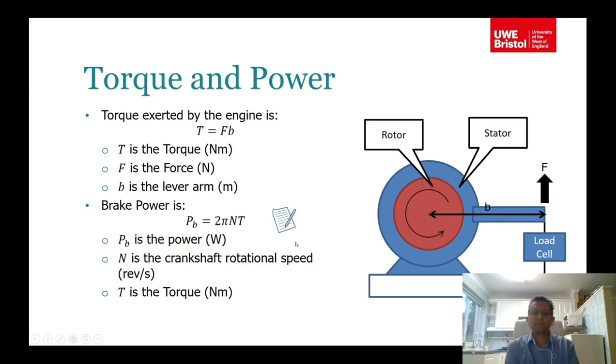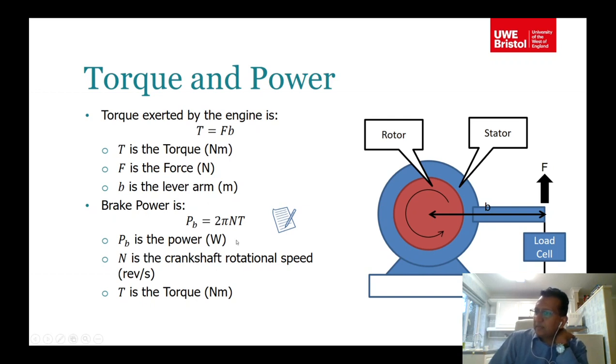And the brake power. Since you are using a brake here, the brake power is 2 pi N T. So your torque times how many times you rotate the engine gives you the power. Brake power is in watts.